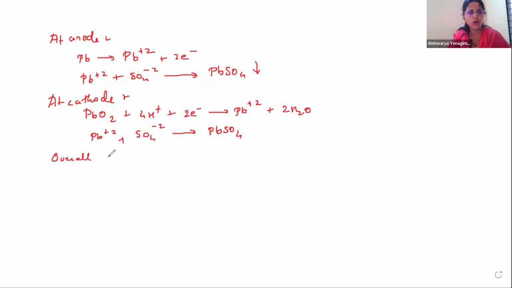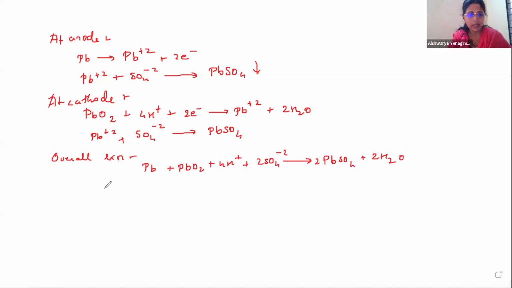If you write the overall reaction, it comes out to be Pb plus PbO2 plus 4H+ plus 2SO4 -2, I'm writing the balanced equation itself, gives 2 PbSO4 plus 2 H2O. So this is the overall reaction for the lead storage battery.